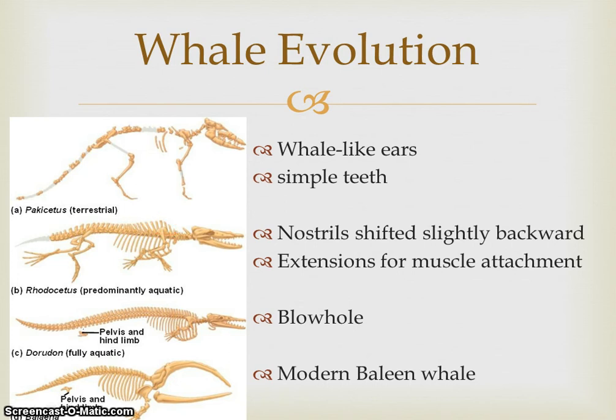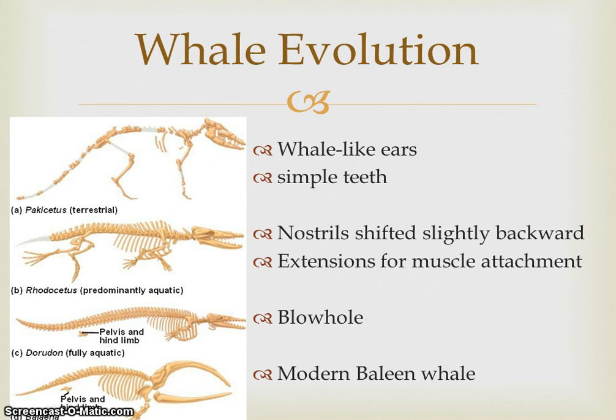A more recent transitional form is the Dorudon. It was fully aquatic, and as you can see, its hind limbs are no longer attached to the rest of the body, and they are much smaller, as are the front limbs. The nostrils were shifted far enough back they are considered a blowhole.